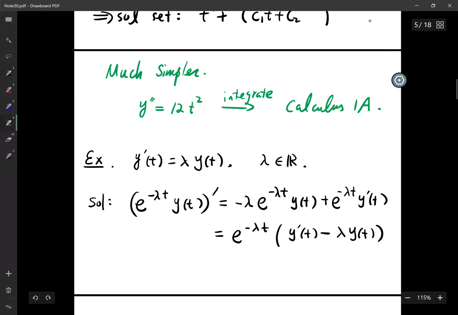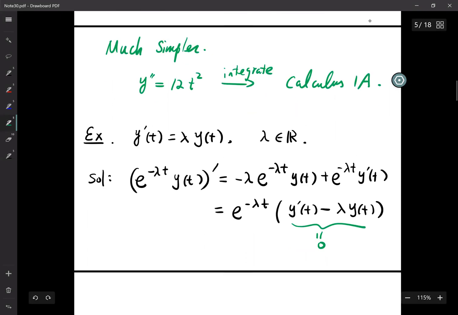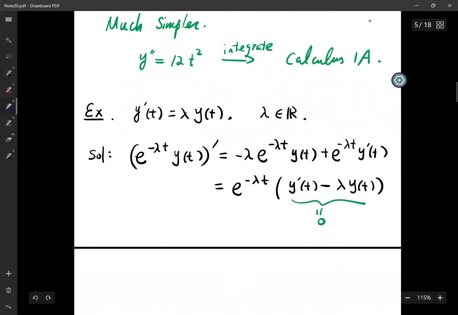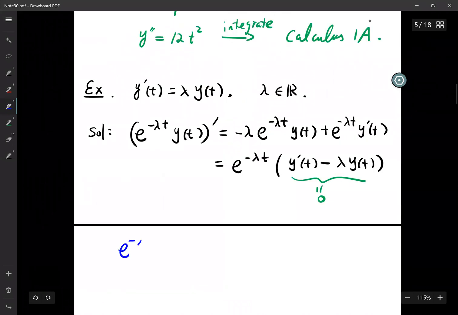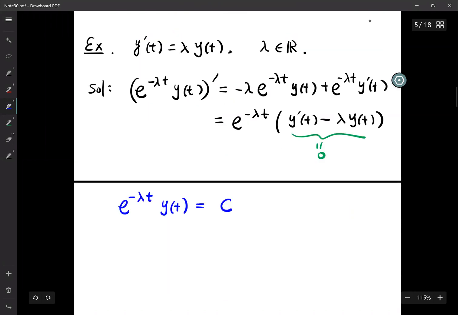This is exactly the equation, so it is equal to 0. Therefore, we have exponential minus lambda t y(t) equal to a constant, called c.